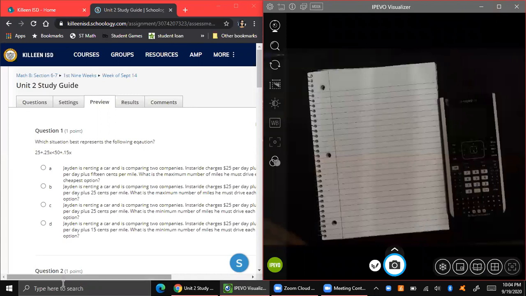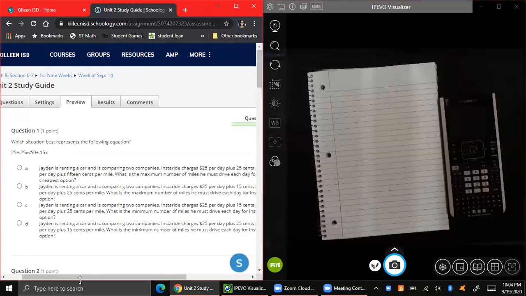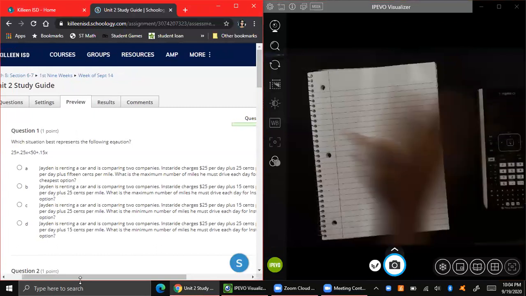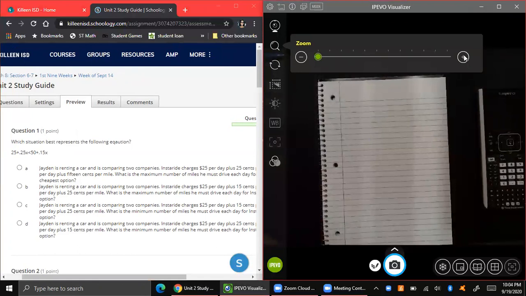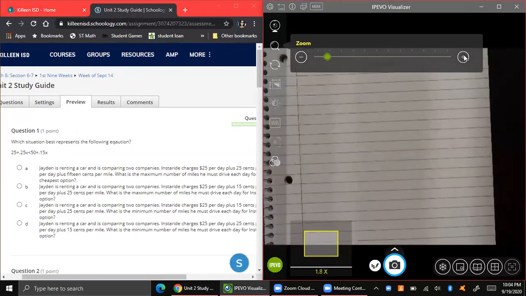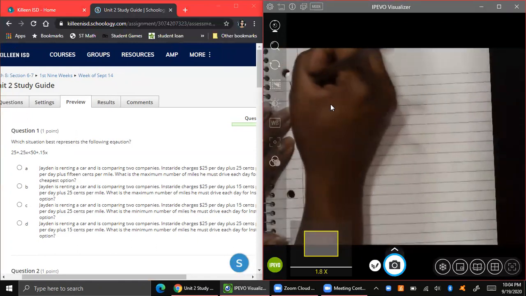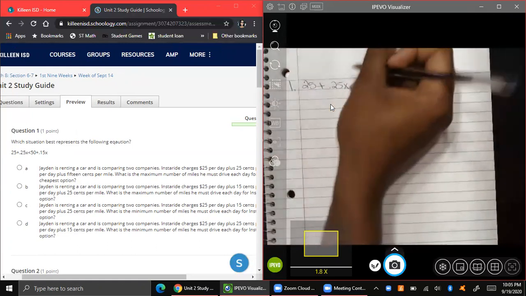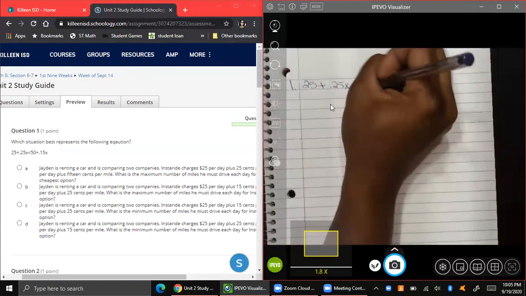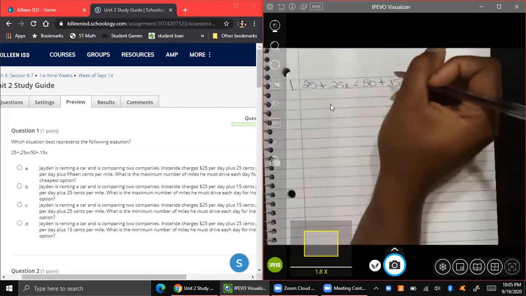Okay, so for number 1, it says which situation best represents the following equation or inequality. So my inequality is 25 plus 0.25x is less than 50 plus 0.15x.